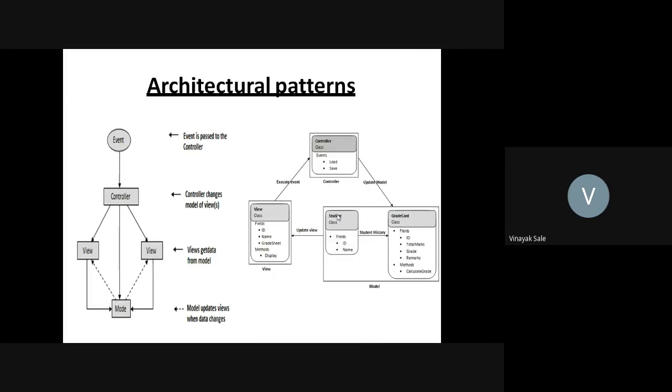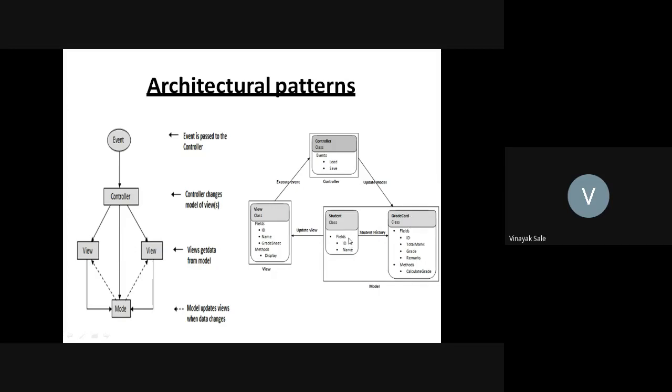Then this is the communication of the controller class, view class, and the model class. In the model there may be a student; this is an example of a student progress card. The controller class has events load and save. The view class has fields like ID, name, grade sheet, and the method display. In the model there are two classes, student and grade card.